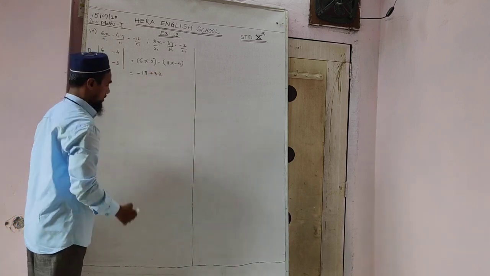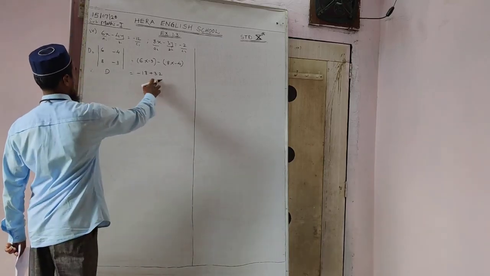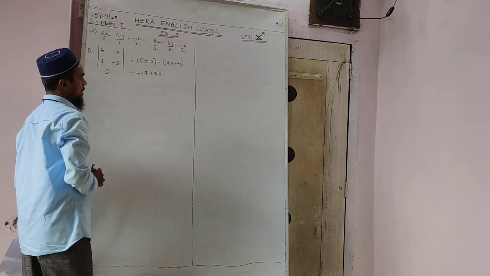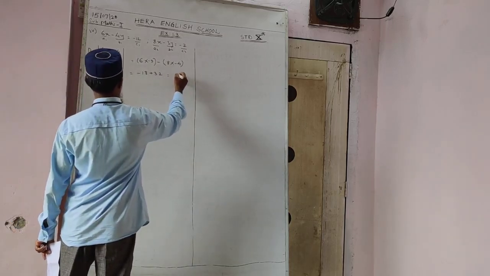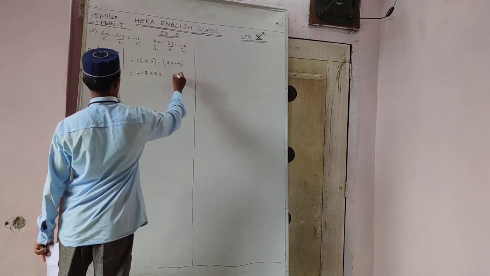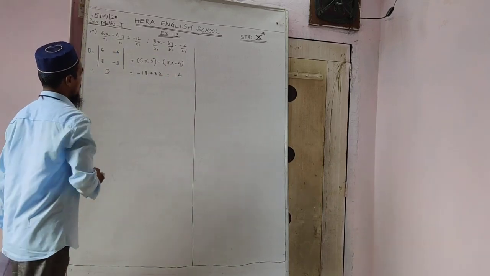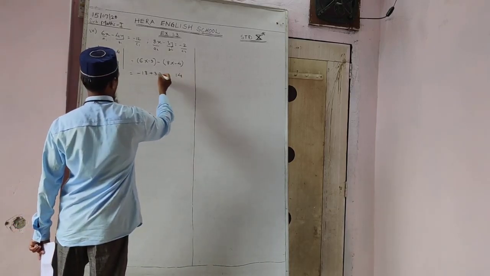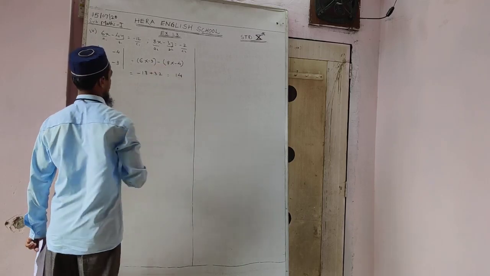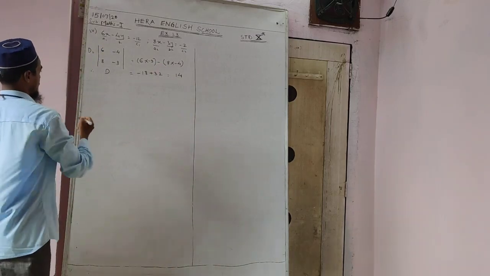Now subtract: from 32 subtract 18, you get 14. The greater number has the plus sign, so the answer will be positive.